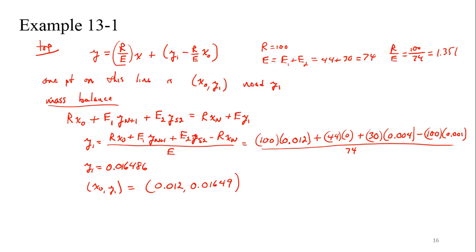All right, so that gives us a slope and a point, so now we should be able to construct the top operating line as well.